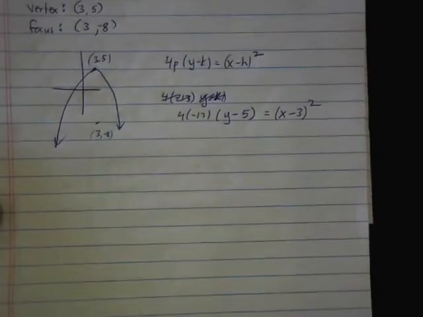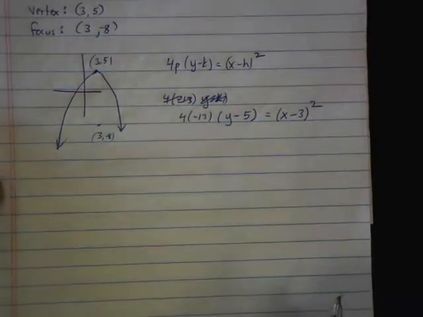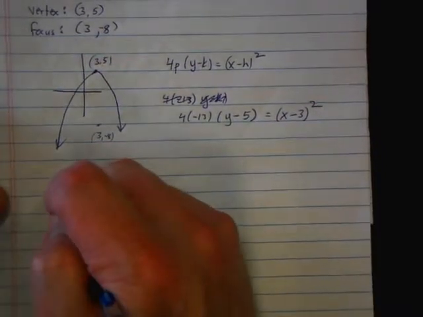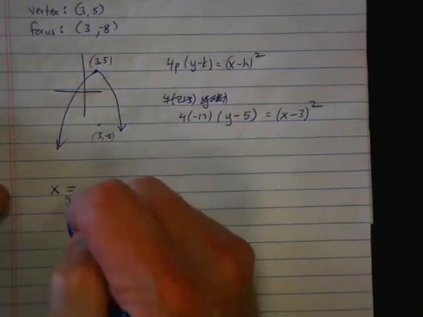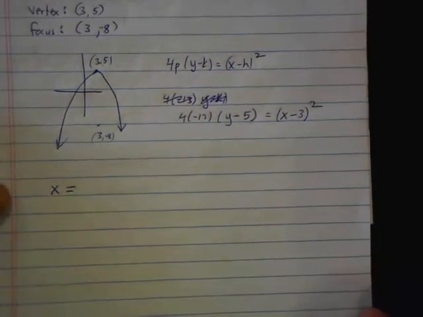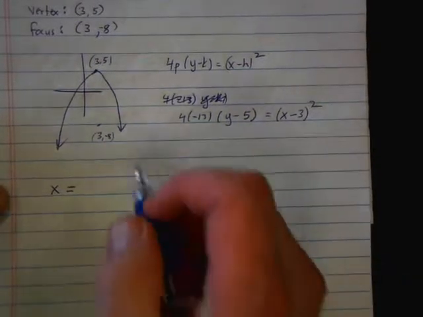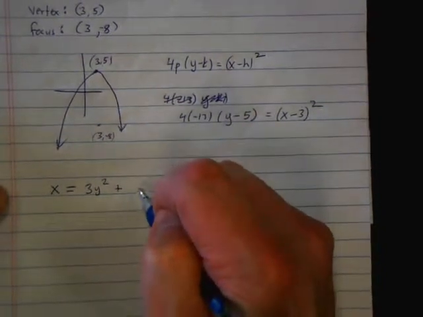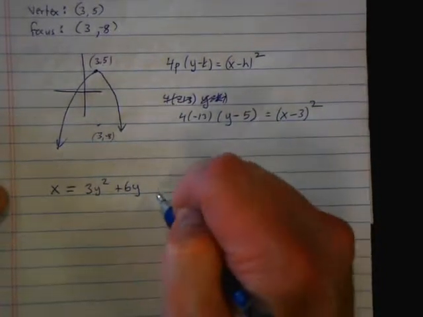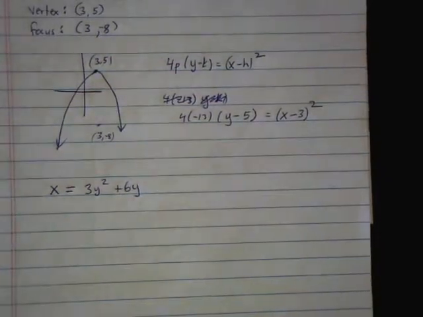Okay, how about x equals, oh, I don't know, give me an equation that has a y squared in it. 3y squared plus 5. 6y. Make life a little bit easier on ourselves.